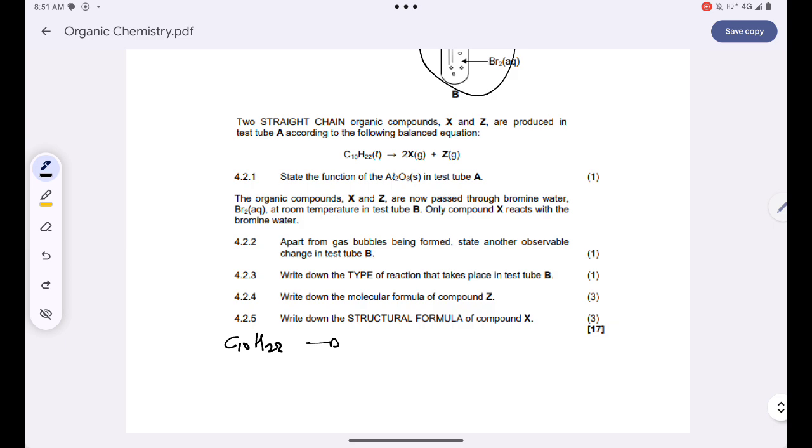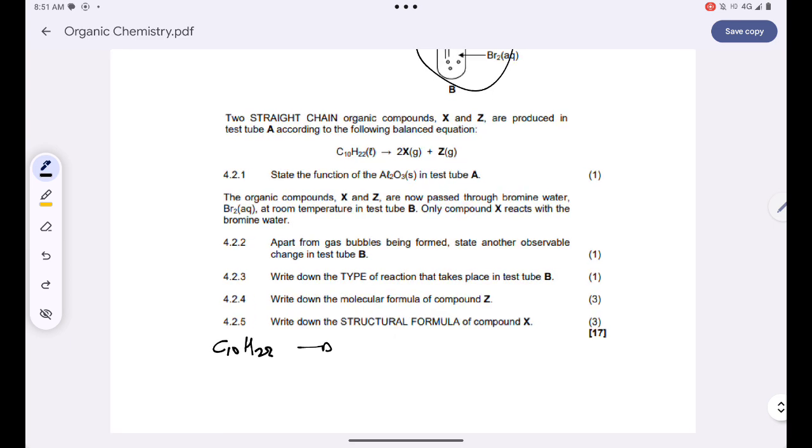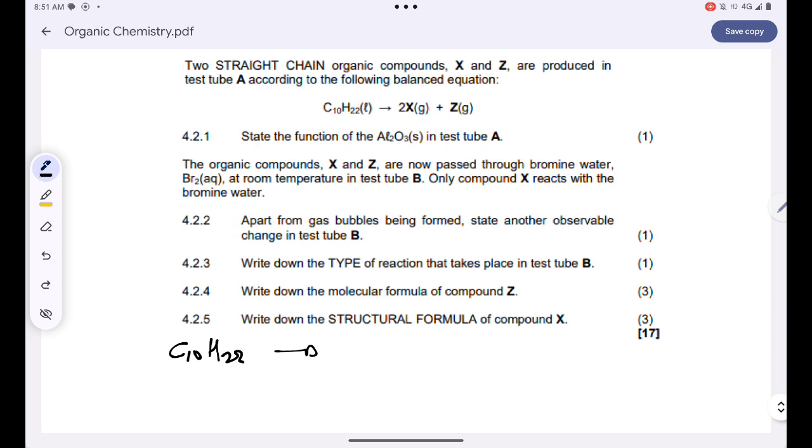Okay, let's break down this compound over there. Usually the one that has a coefficient of 2 is your unsaturated hydrocarbon. So in this question, guys, you are not restricted as long as you are able to balance your equation, and please make sure that you have an alkane as well as an alkene altogether.